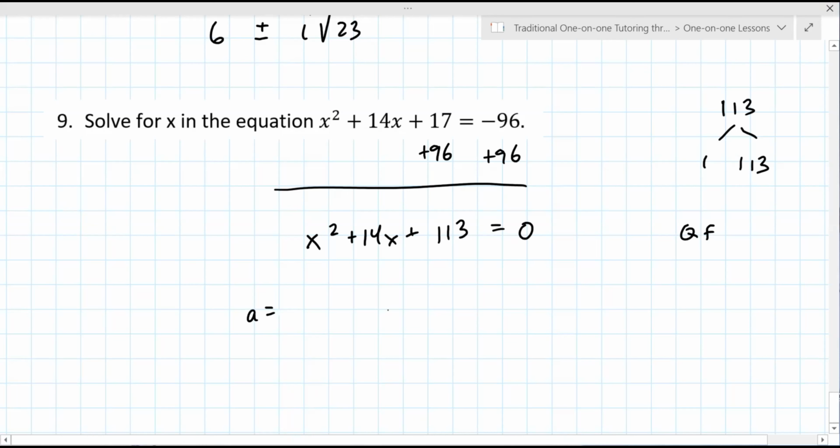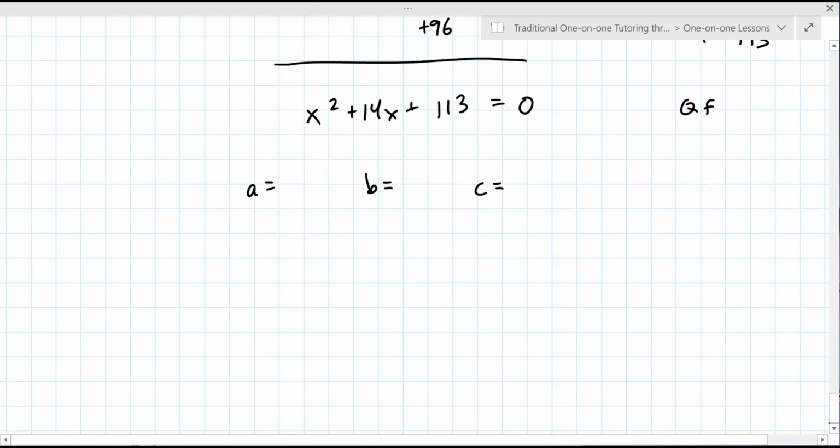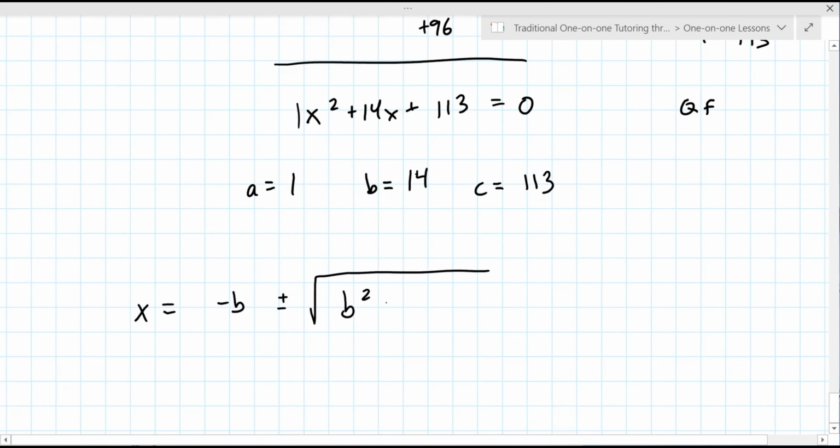Okay. So what does A equal, what does B equal, and what does C equal in this problem? A equals 1, B equals 14, and C equals 113. Perfect. Okay, so now you write out your formula, and you notice I write it out every time.